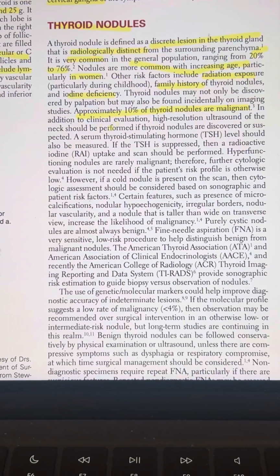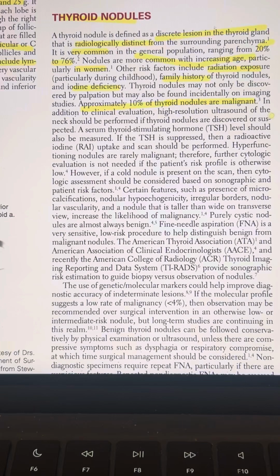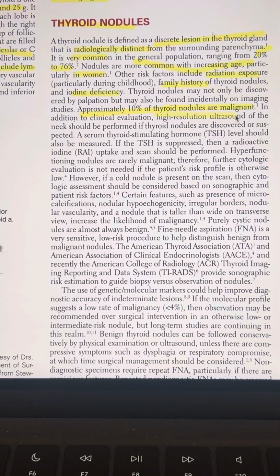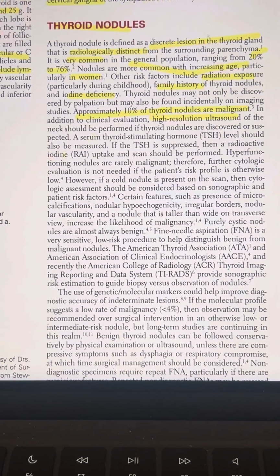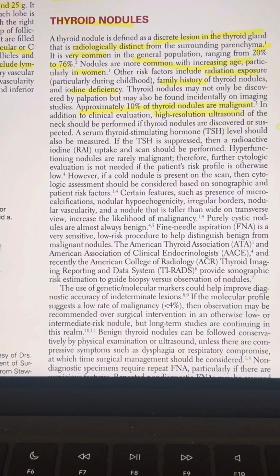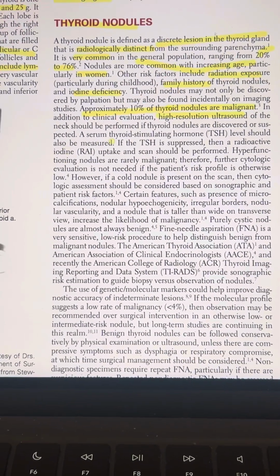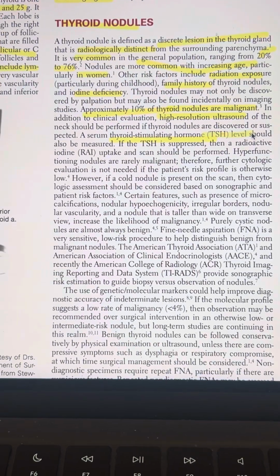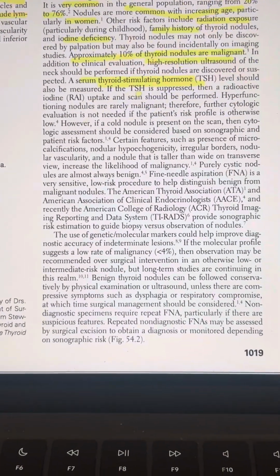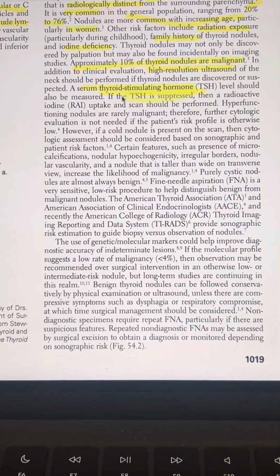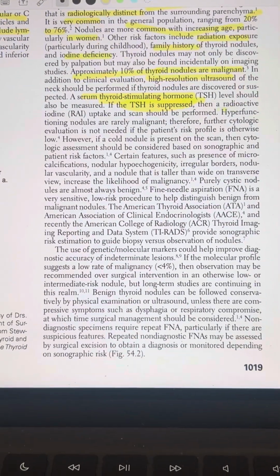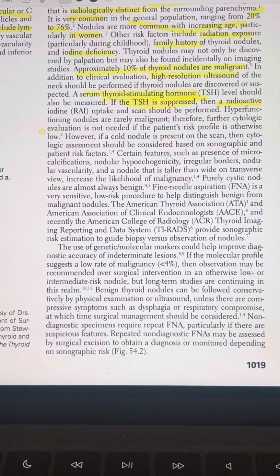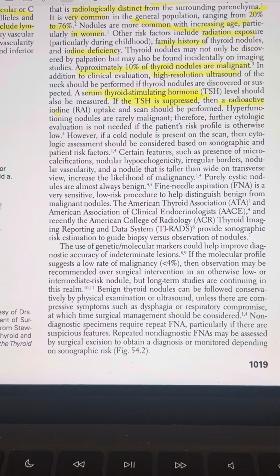In addition to clinical evaluation, high resolution ultrasound of the neck should be performed if a thyroid nodule is discovered or suspected, and serum TSH level should be measured. If the TSH is suppressed, then a radioactive iodine uptake scan should be performed.